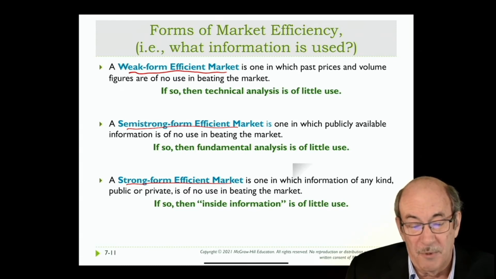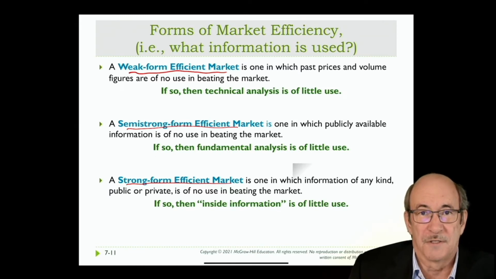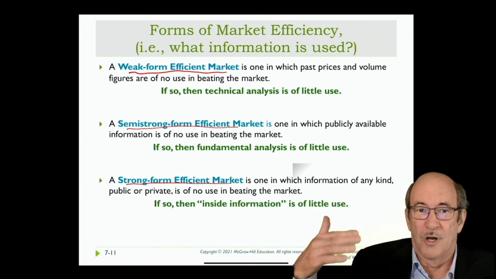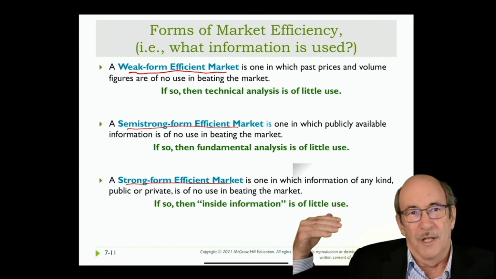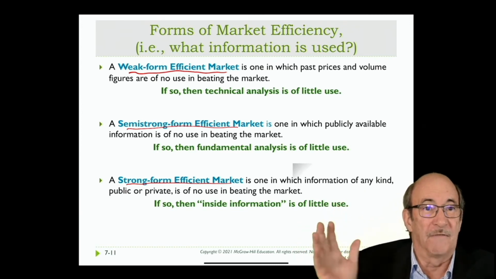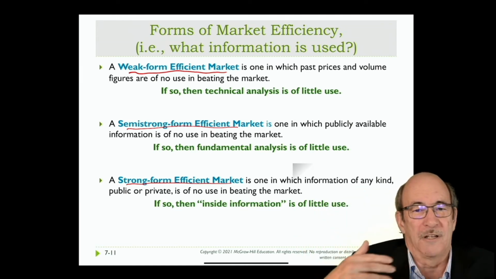So that's weak form efficient. If you could do all the analysis possible on past prices, past volume, and still not beat the market, then the markets are weak form efficient. Semi-strong adds to the weak form by saying that not only is it all past prices and volumes, but it's all past information anywhere publicly available.